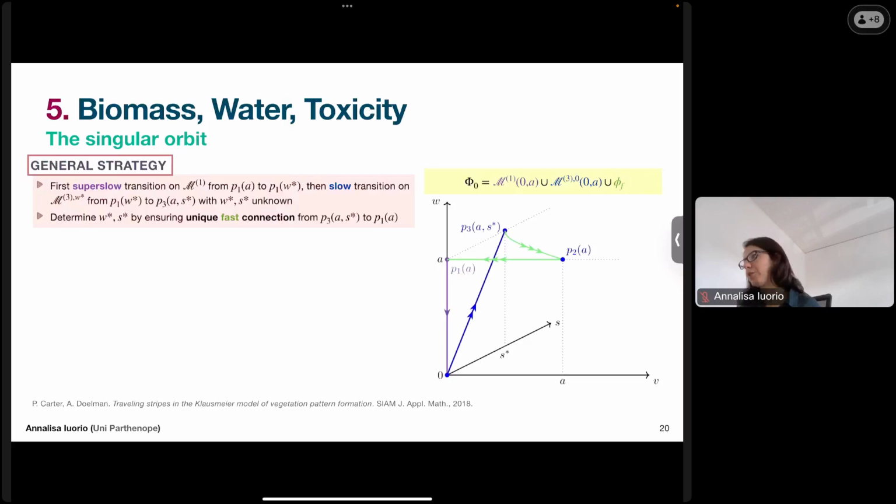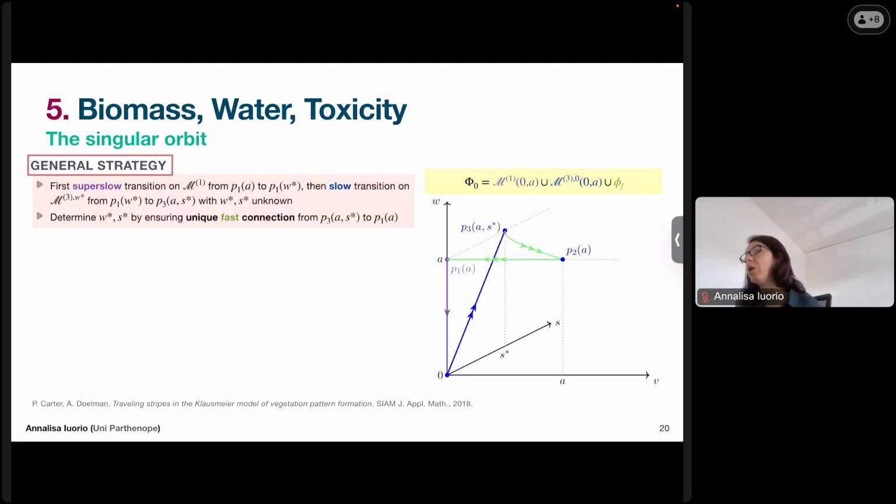And the general strategy that you adopt to prove this is the following. You know that you have first this super slow transition, then a slow, then a fast. But you don't know a priori where you have to stop along M1 to pick one of these slow orbits on M3.